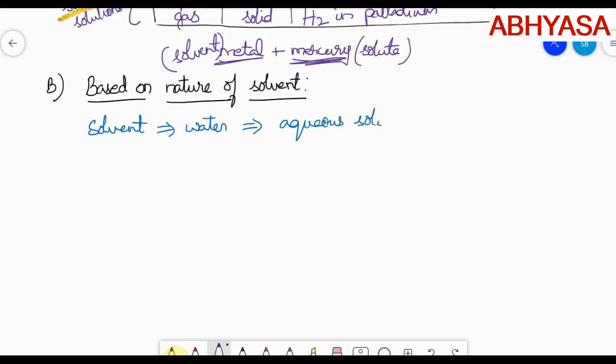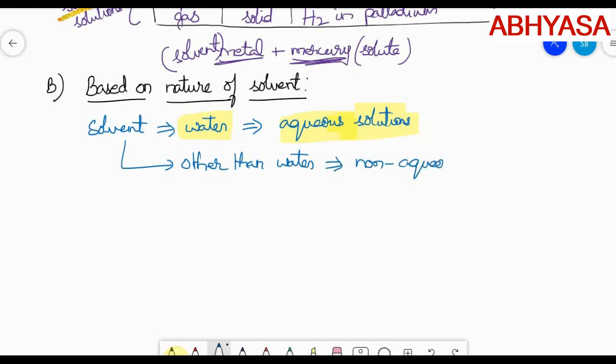Isn't it? You know this word. When any substance is dissolved in water, we call those kinds of solutions aqueous solutions. And whenever the solvent is any substance other than water, we call them non-aqueous solutions.